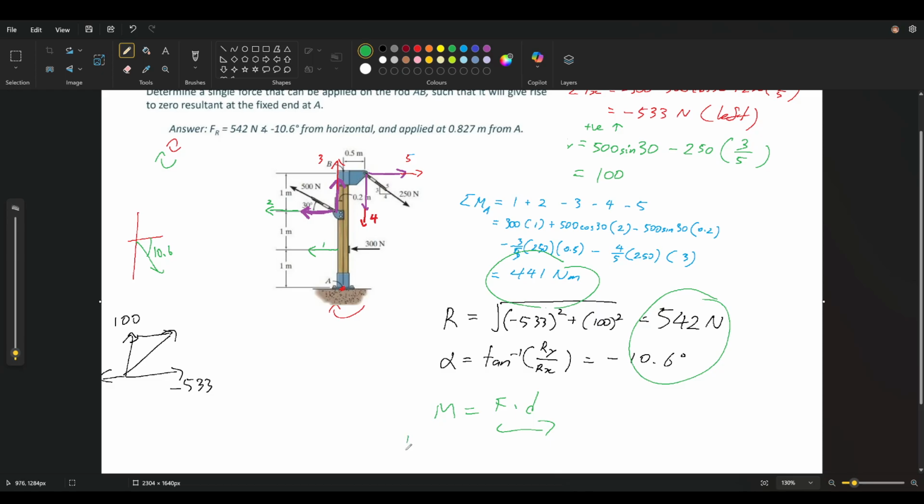So you can find your D, which is basically 441 divided by 542 cosine negative 10.6. And if I'm smart enough, which I hope, oh my god, you get 0.827 meter from A. And there you have it.